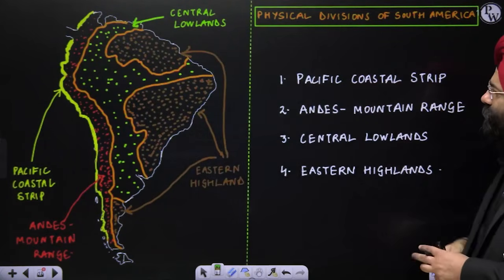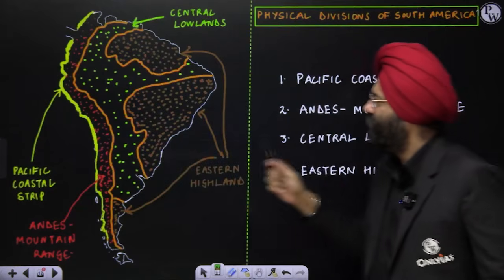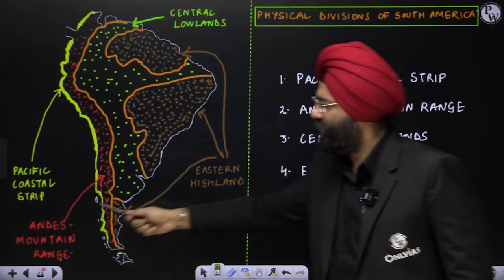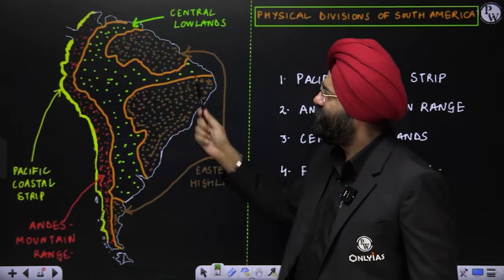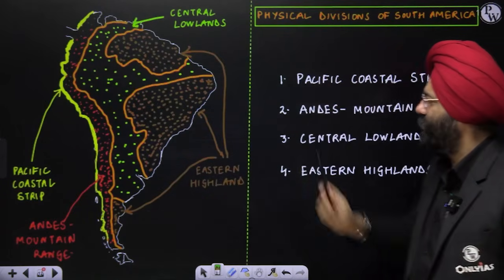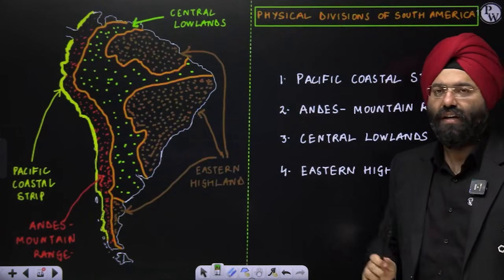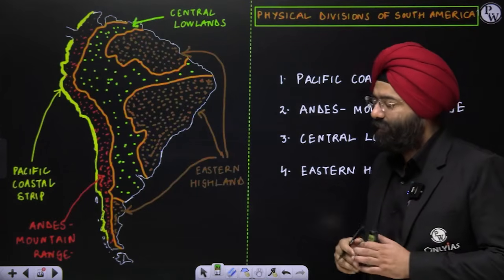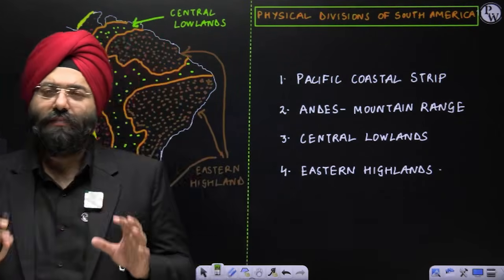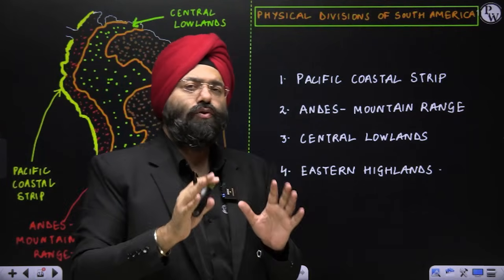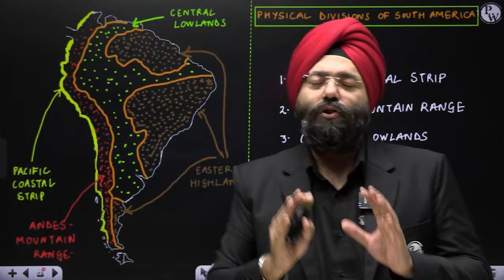The Pacific coastal strip we have done here. The Andes mountain range, we have seen here. The central lowland is this region. And then you have the eastern highlands, which we have seen in this map. Clear? Now remember one thing: please draw this map, at least if not in an artistic manner, then at a basic level, so that you can comprehend what you are drawing.